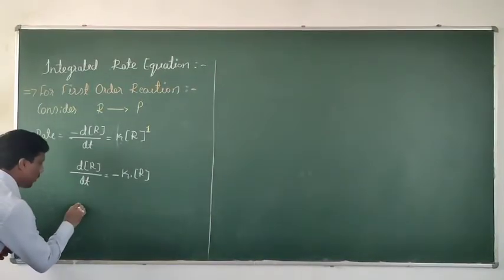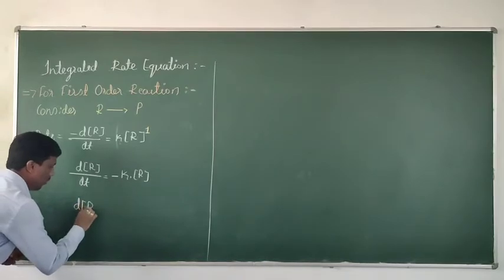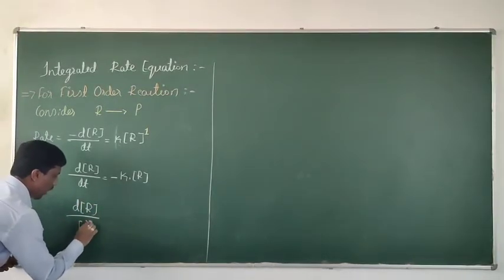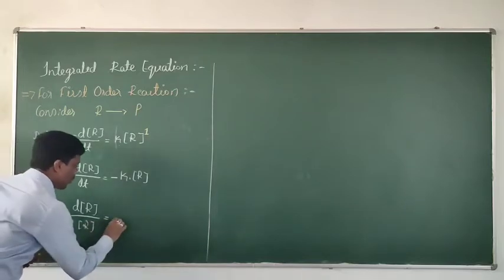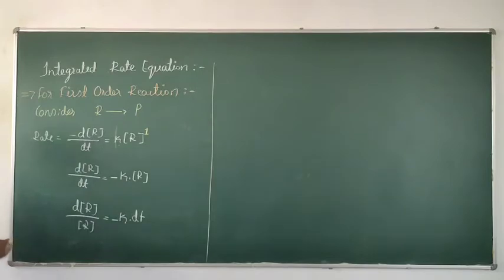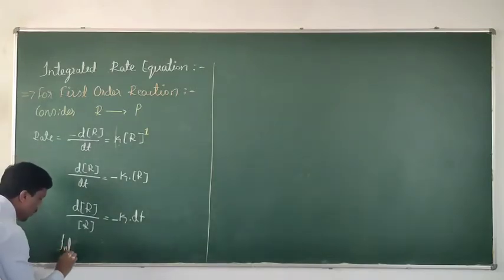Now rearrange this: dR divided by R is equal to minus k into dt. Now integrating on both sides.